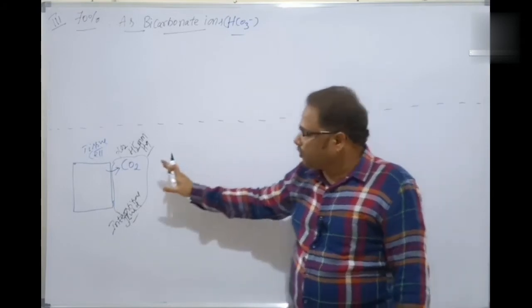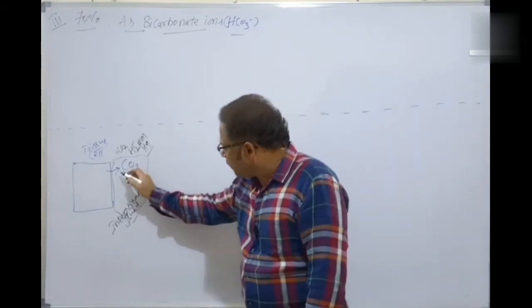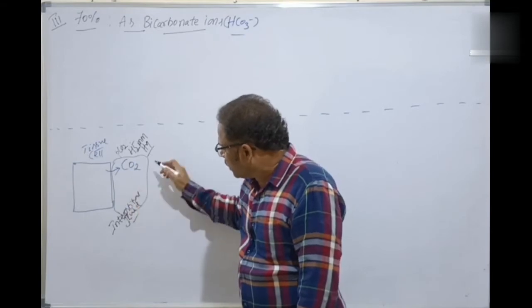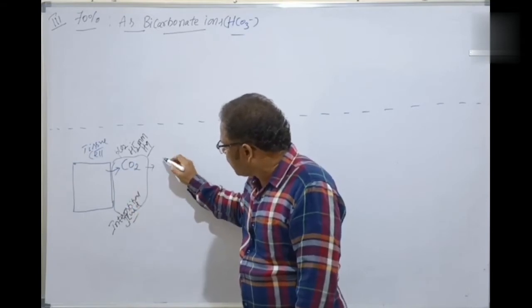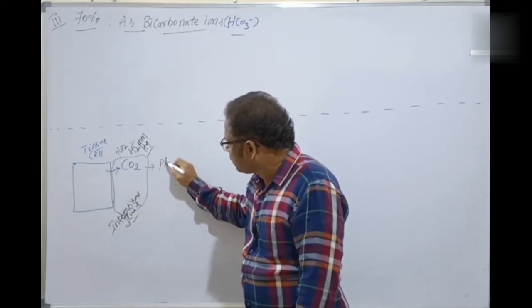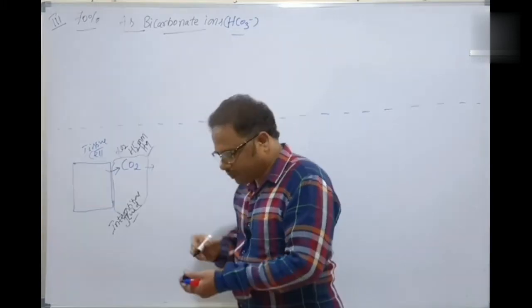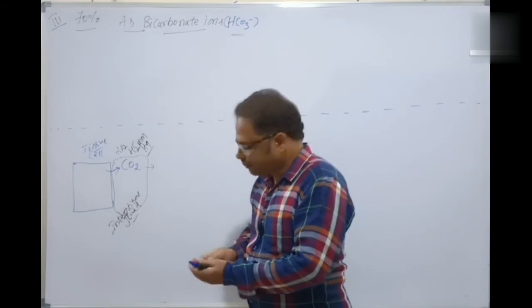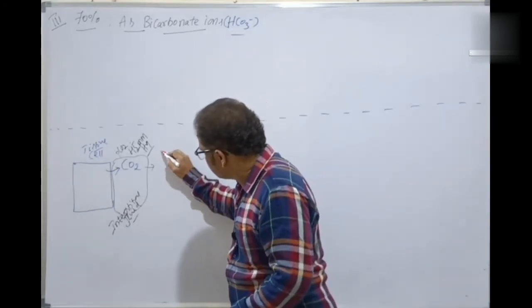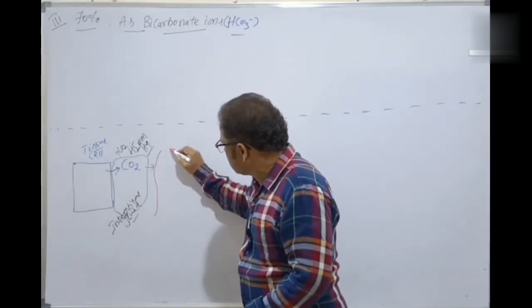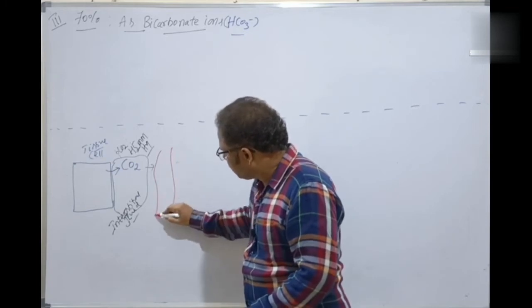So various phenomena are observed here. Carbon dioxide is present in the tissue fluid. Now it enters the plasma. Here you take the systemic capillaries. You can see here, these are the systemic capillaries.